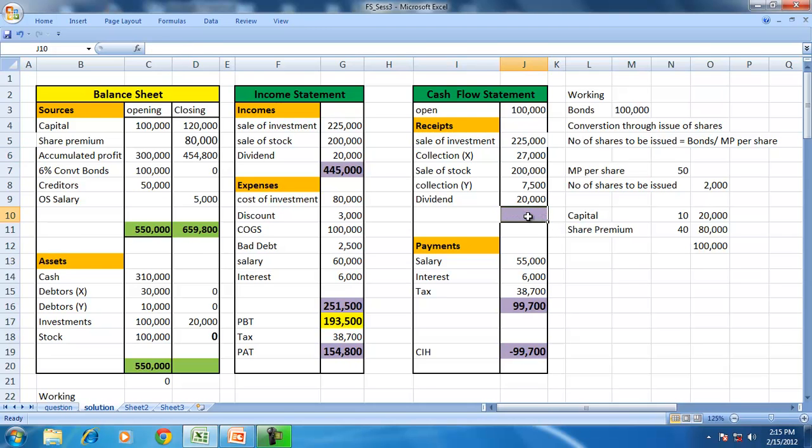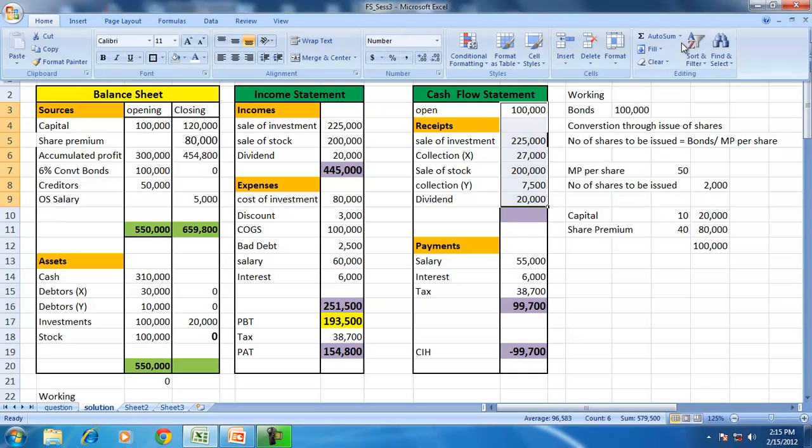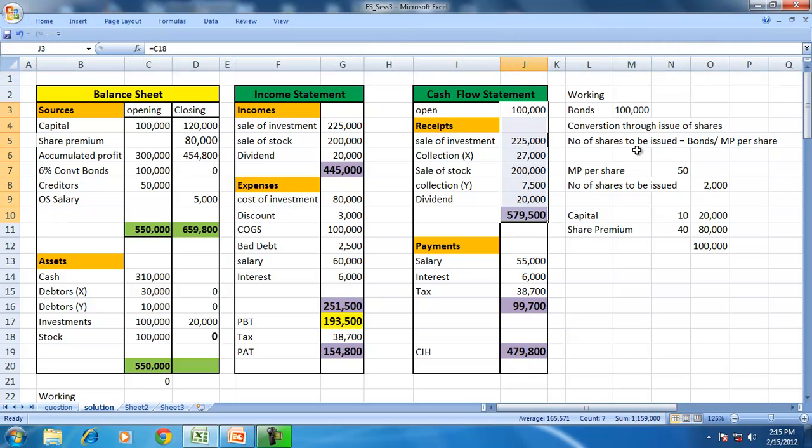So the cash in hand is the total cash inflow, which is opening cash. Opening cash we had 310,000, so the total cash in hand is 789,500.